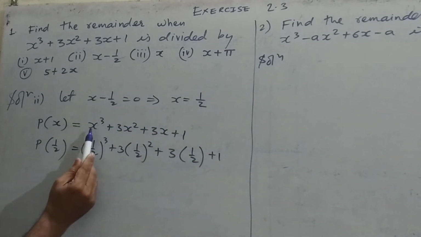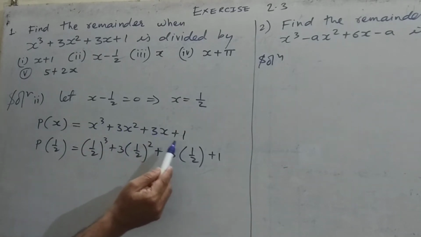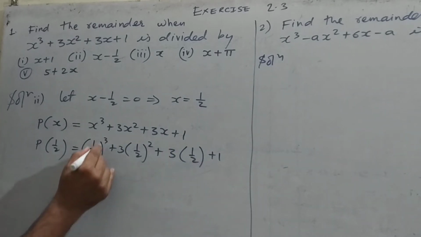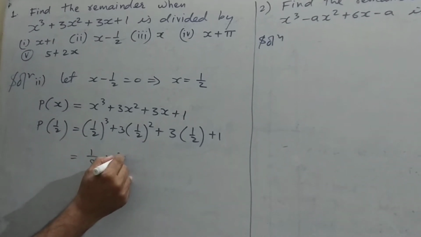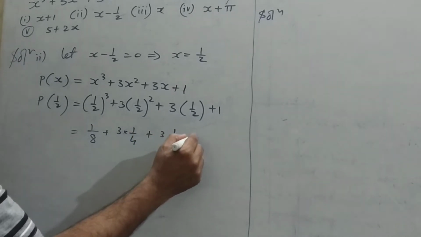Wherever there is x, we have put this value. x cube is there, so (1 by 2) cube; x square, so (1 by 2) square. This is 1 by 8, since 1 cube is 1 and 2 cube is 8, plus 3 into 1 by 4 plus 3 into 1 by 2 plus 1.